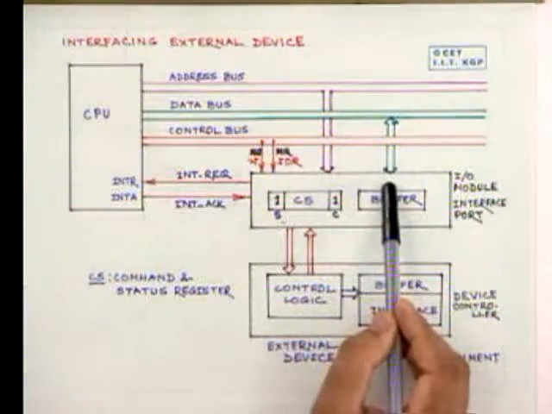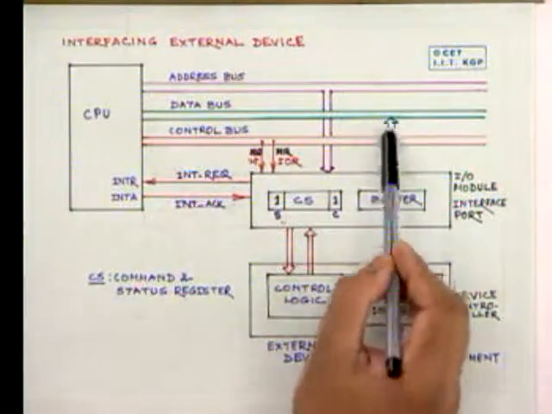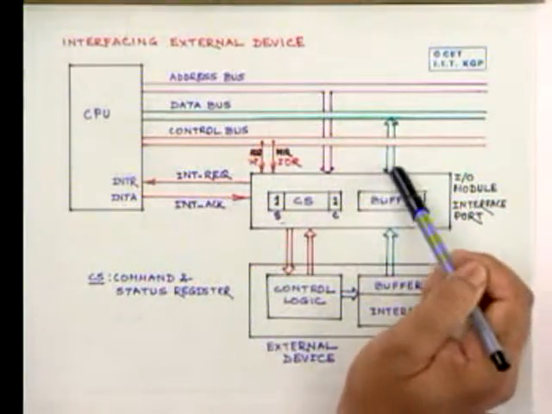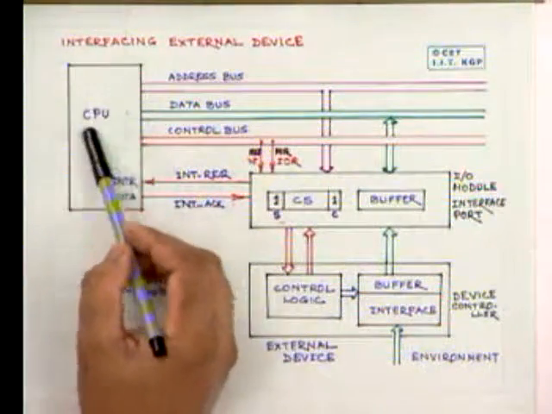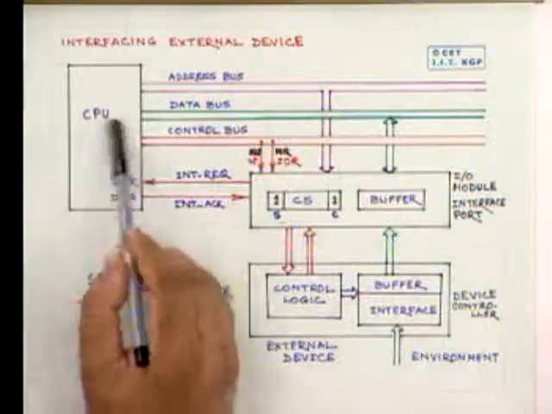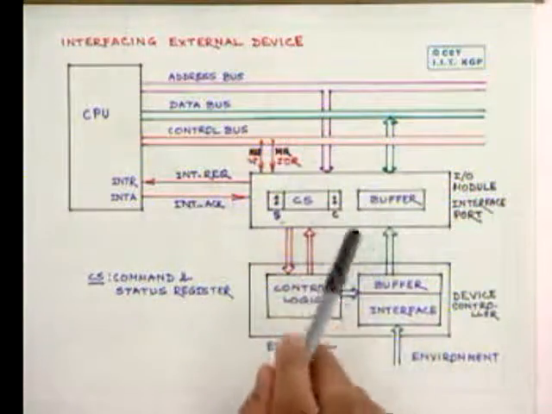That means only then it possibly takes the data from the buffer into the CPU register, and if necessary does some computations here and then sends it to the memory.